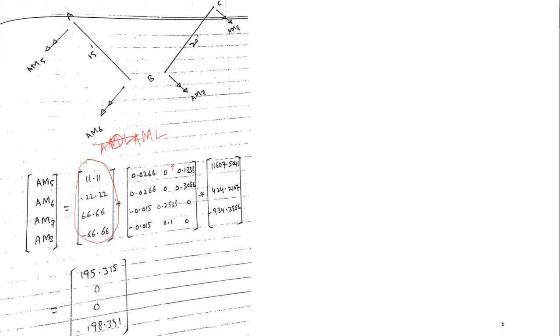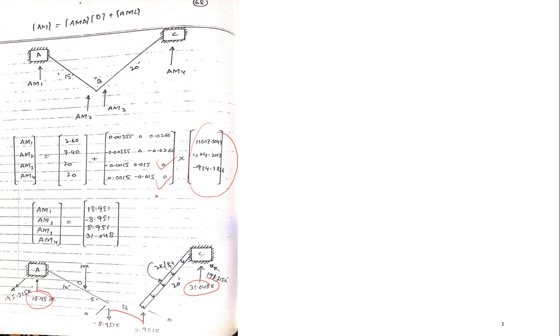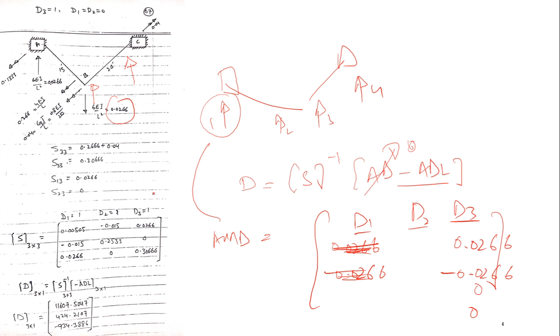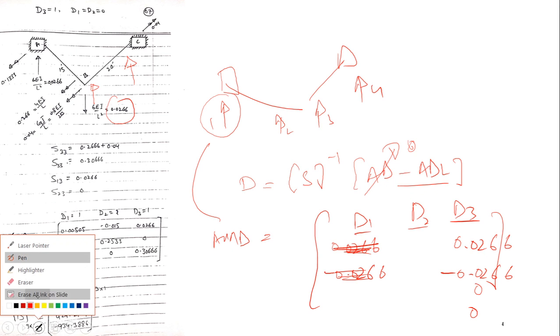Okay, I'm going to find this column, and this is for D3 equal to 1. So I'll go back where D3 has been applied, this one. I'll clear all the writings. It is like this and like this.